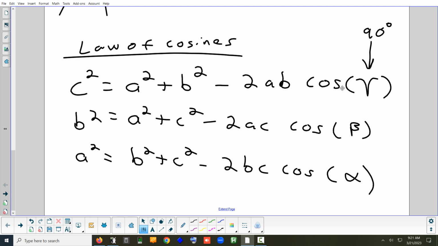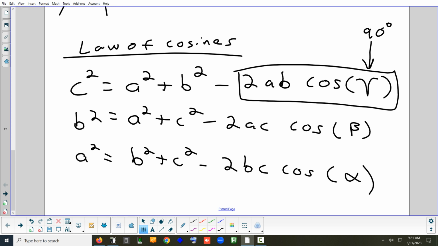So if you try to use this on a right triangle, this entire part that I just put a box around becomes 0, and it's not there, and then it turns into the Pythagorean theorem. So essentially the Pythagorean theorem is this law without that part on the end because it's 0. If this angle isn't 90, then this will not come out to 0, and then it comes into play. Okay. Questions on the law of cosines?